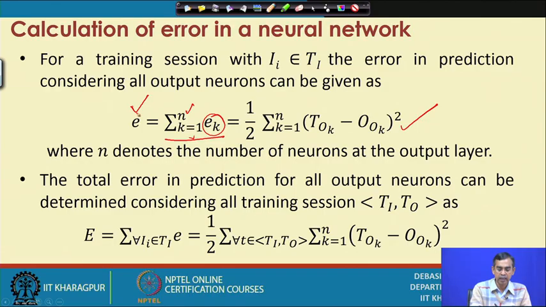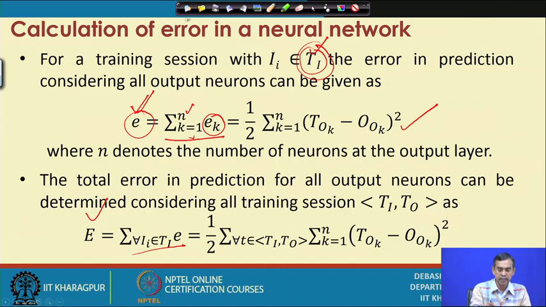Now, this is the error for one input which is there in T I. T I contains many other inputs also. So, considering all the inputs which are there in T I, if we take the sum of all the errors that can be obtained, then it will give you the error.